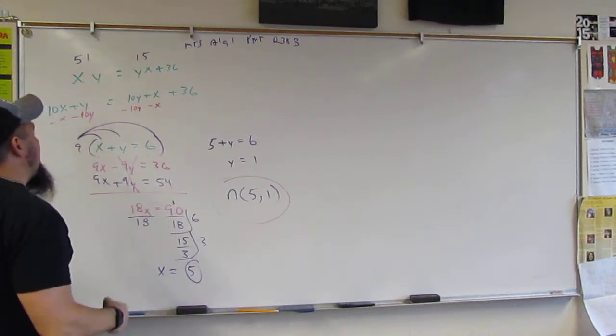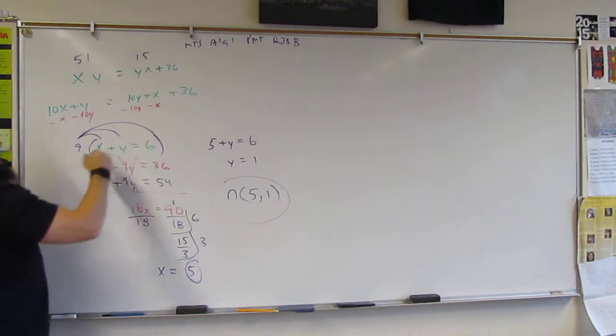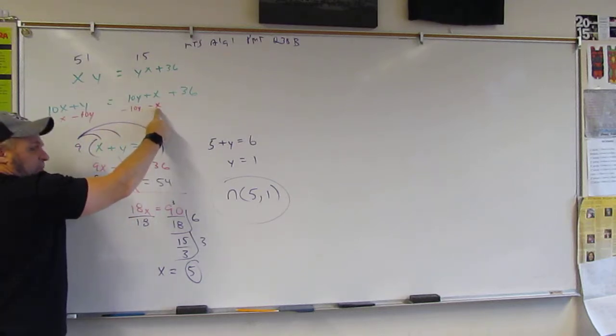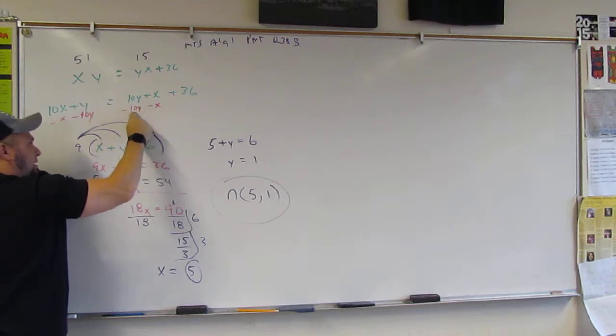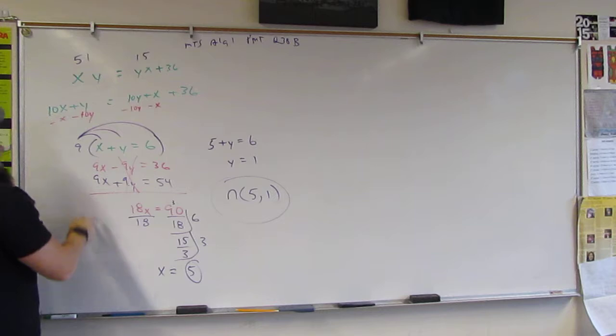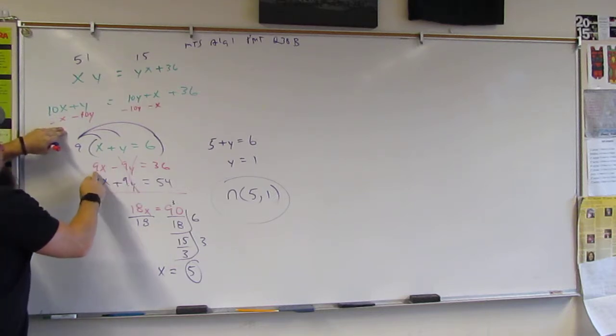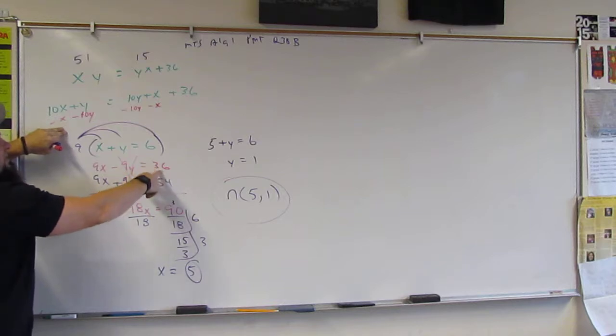Now, then I'm going to move the y and x over. So I'm going to subtract 10y and subtract x from both sides. And I end up with 9x minus 9y equals 36.